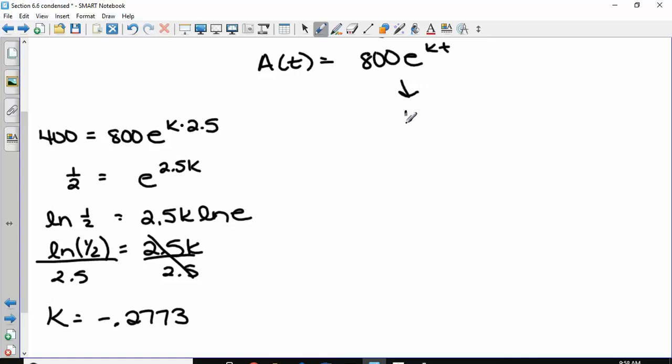So then I have my k value. So my function, the actual equation here, is 800 e to the negative 0.2773 t.